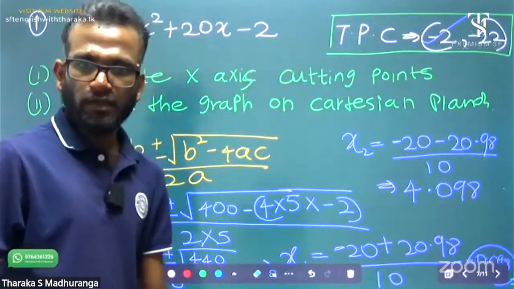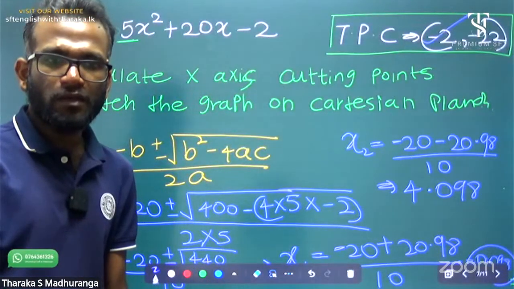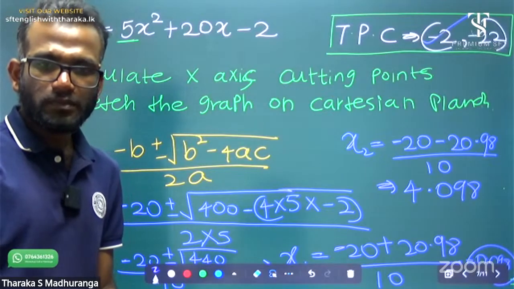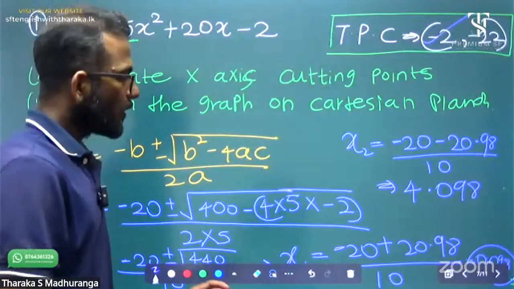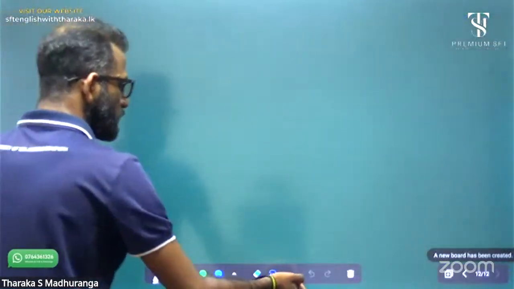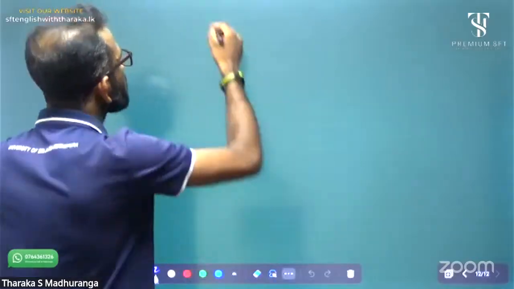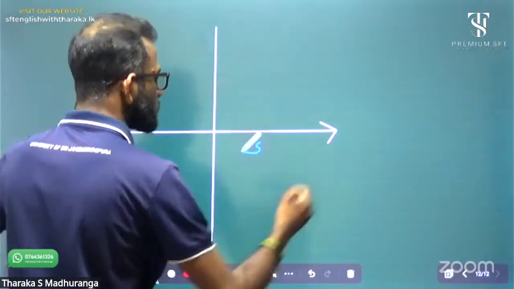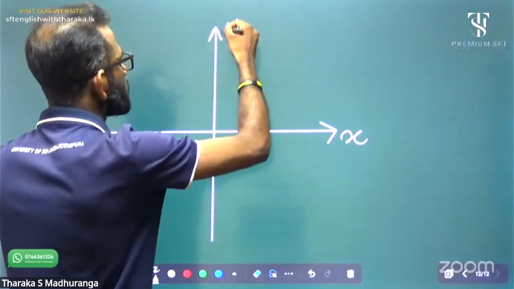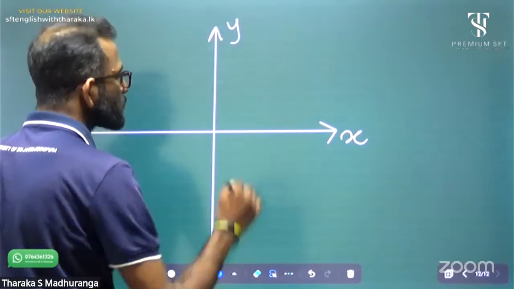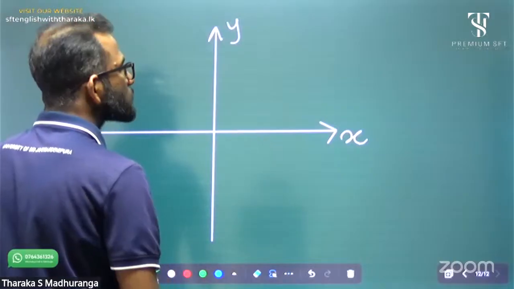Now you can sketch this. Very simple. This is my Cartesian plane. This is the x-axis and this is the y-axis. Where is the turning point?